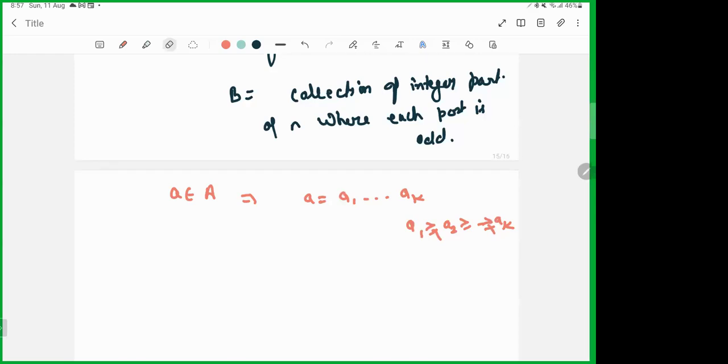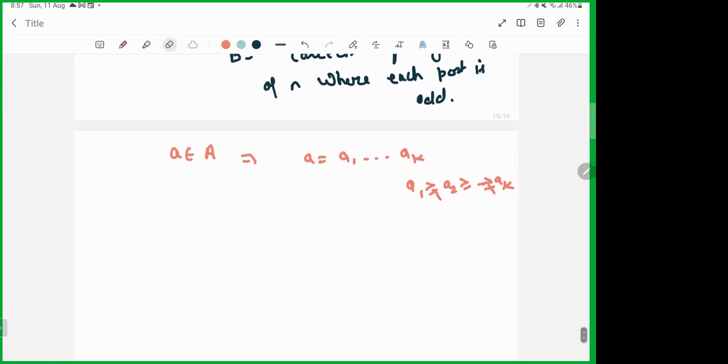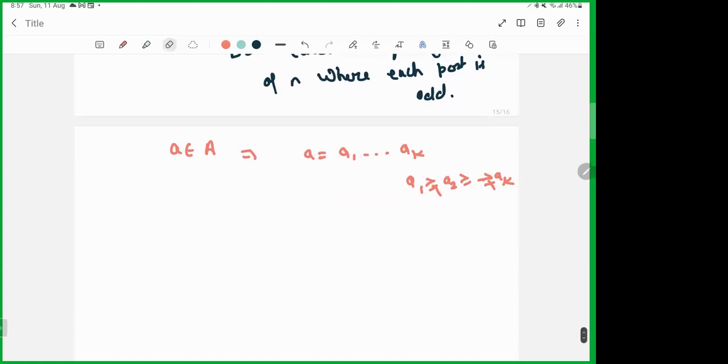So tell me. Let me give you a hint, an example, then you will tell me. Suppose you have this partition: 14, 12, 7, 3, 2.